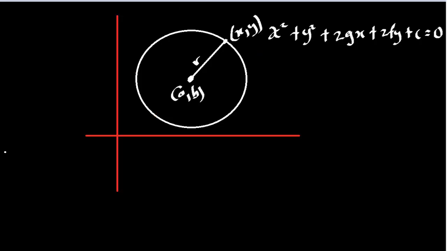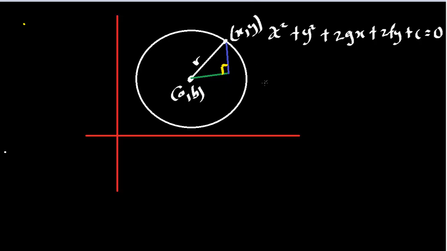If we have it like this, what we can do is complete the radius to make it a right angle triangle. So we have completed our right angle triangle.